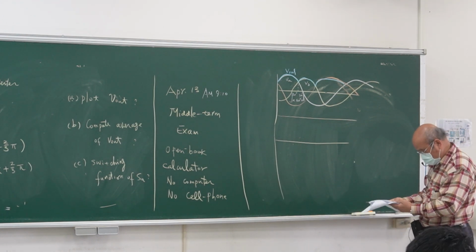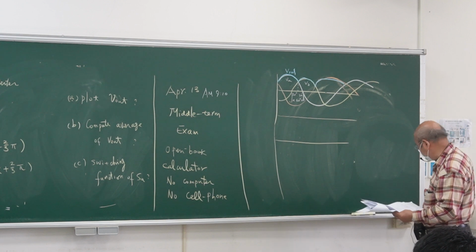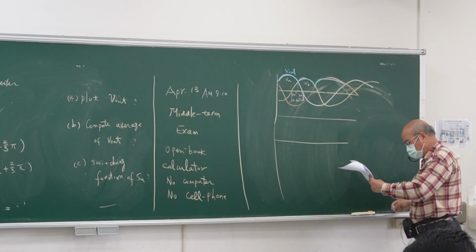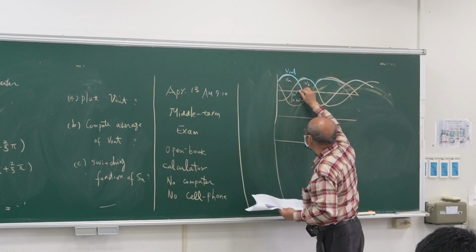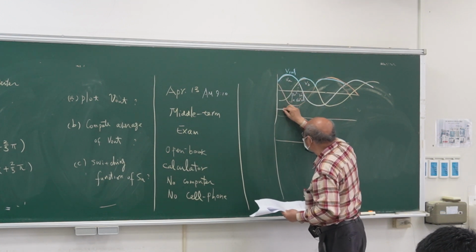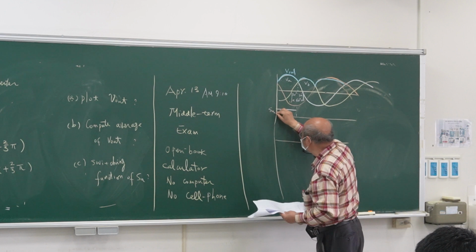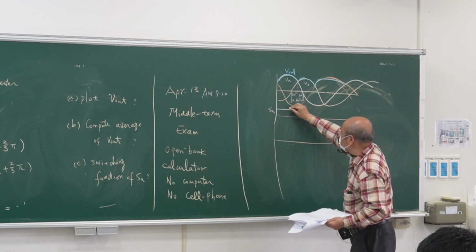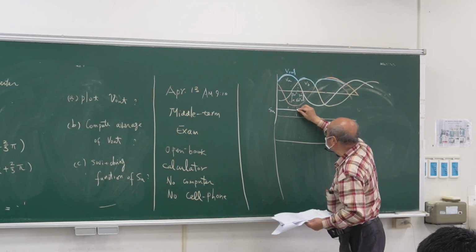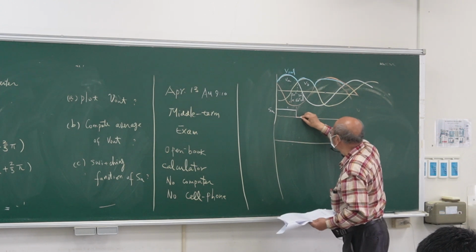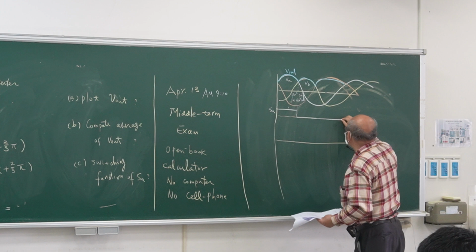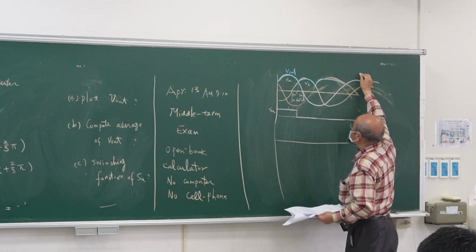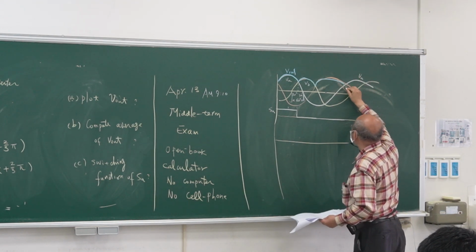Then what is the average of the V out? And what is the switching function of A phase? So V A turns on here. So you can understand this is S A. Here S A is 1, then S A becomes 0, and then until here, then this is V A again.